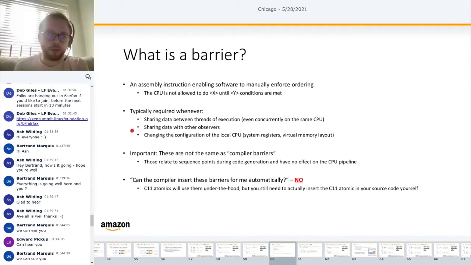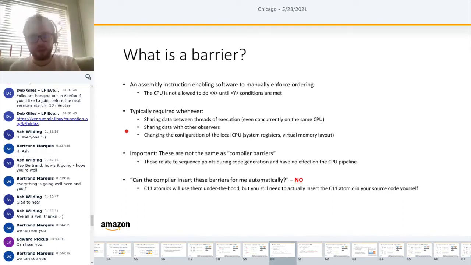You also need to consider them whenever you're sharing data with other observers. So that could be other CPUs, but it could also be other bus masters, peripherals, and devices. We'll also need barriers whenever we're changing the configuration of the local CPU. So if I'm changing the system registers or if I'm changing the virtual memory layouts, things like this, those will also require barriers.